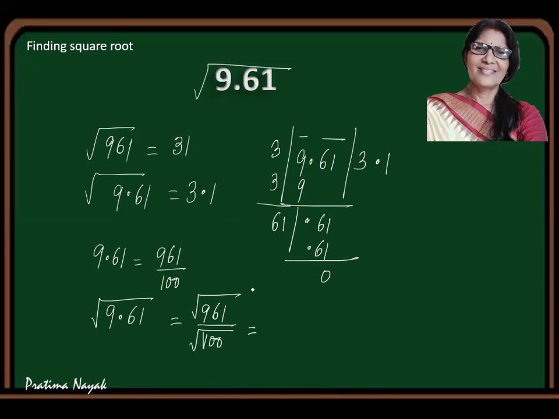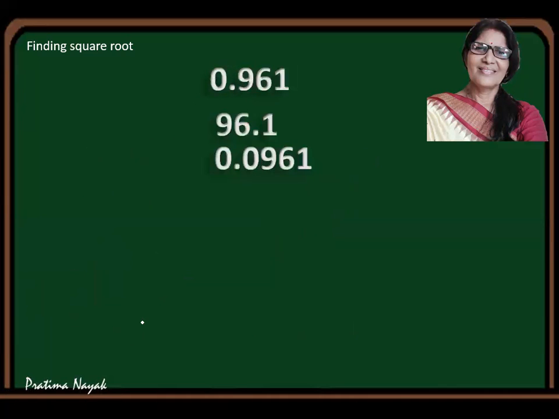The numerator's square root you already know how to calculate by the long method. That will be 31, and the square root of 100 is 10. Now make it decimal again. 31 by 10 is how much? 3.1. You can go for this method also. So whichever we feel comfortable, do by that method.